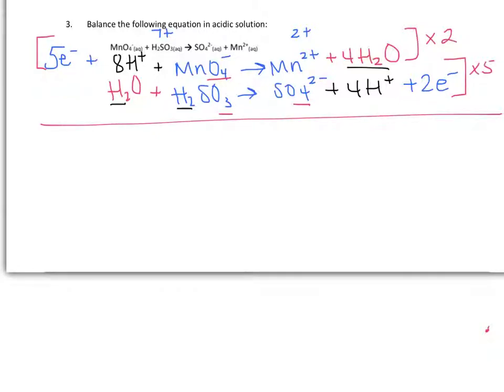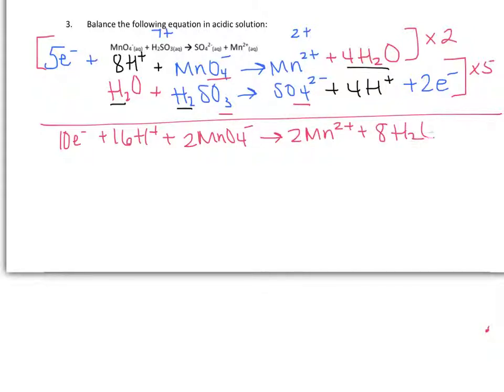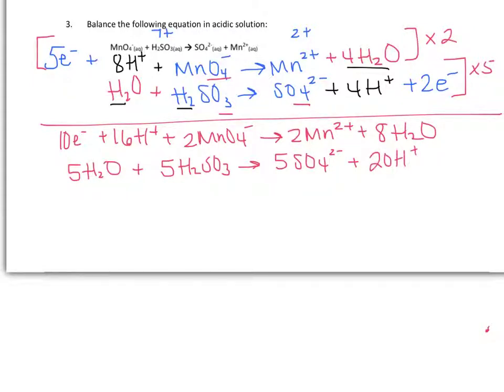You need to rewrite that out again. 10 electrons plus 16 H positive plus 2 MnO4 negative goes to 2 Mn2 positive plus 8 H2O. And we have 5 H2O plus 5 H2SO3 goes to 5 SO4 2 negative, plus 20 H positive and 10 electrons.